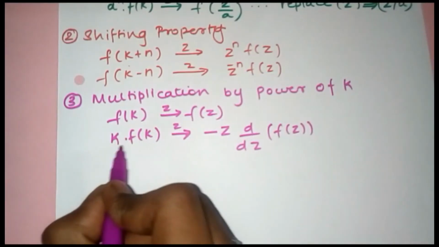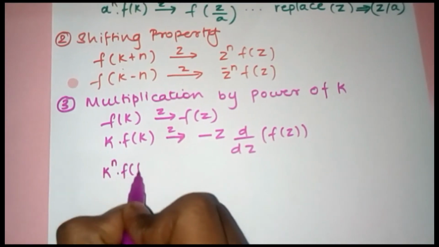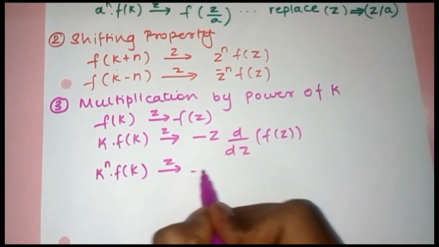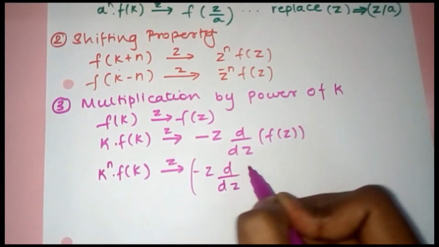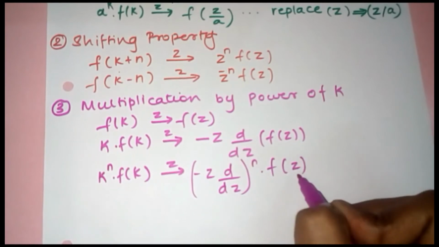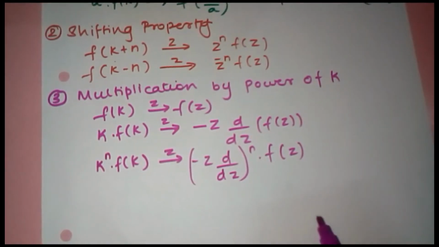Now if we have k raised to n into f of k, then the Z transform formula will be minus z d by dz raised to n into f of z. This is the third property of Z transform.